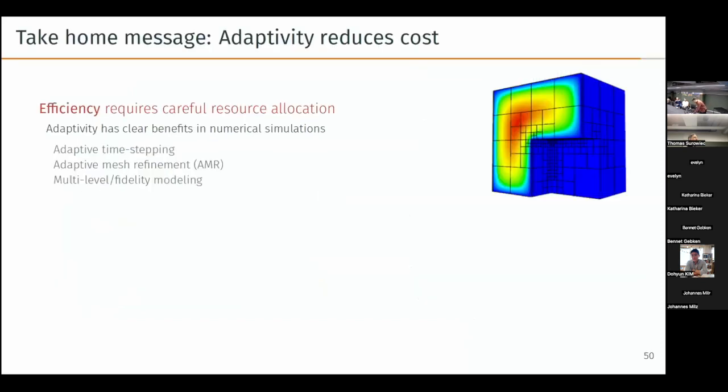Now the slide I want to end on is just a take-home message slide, a way to conceptualize these things. A lot of the work I do deals with adaptive numerical methods. I got my start looking at adaptive finite element methods, adaptive mesh refinement. A lot of people study other types of adaptive methods, multi-level methods.